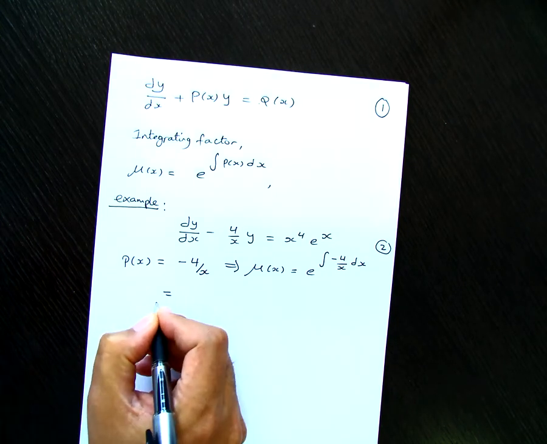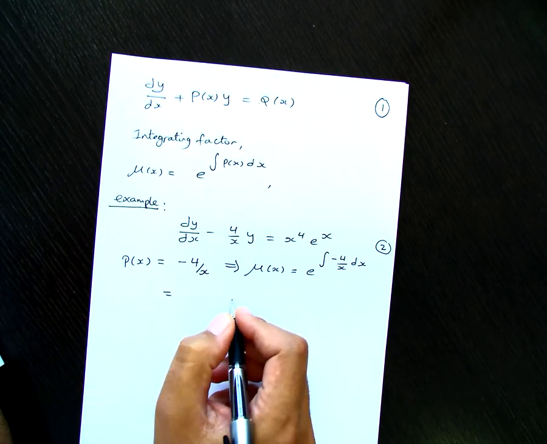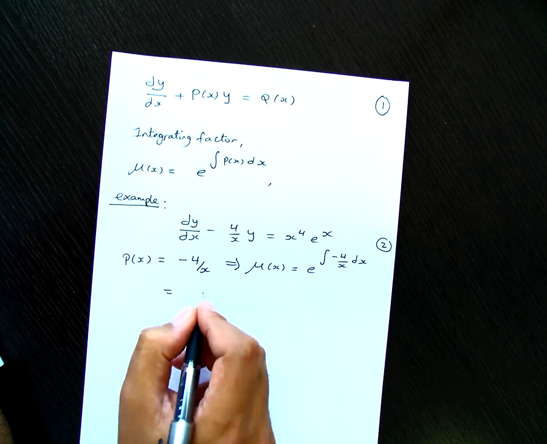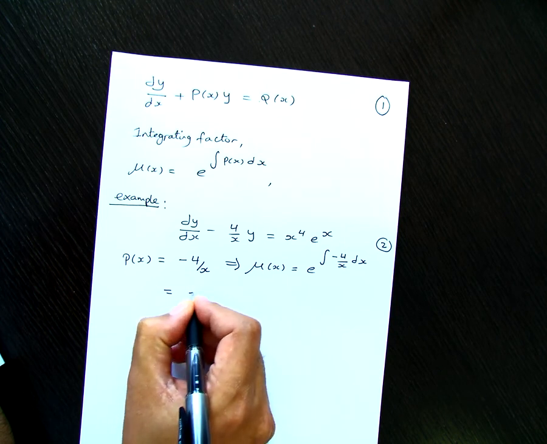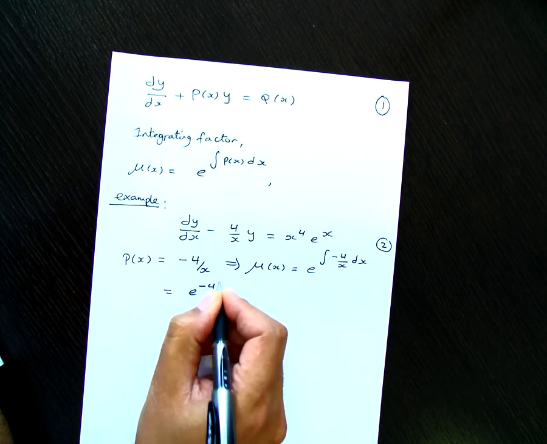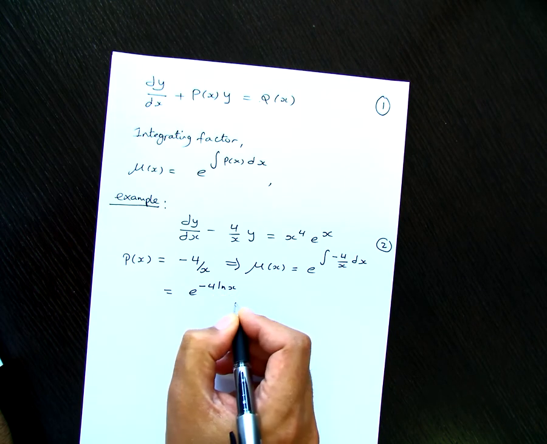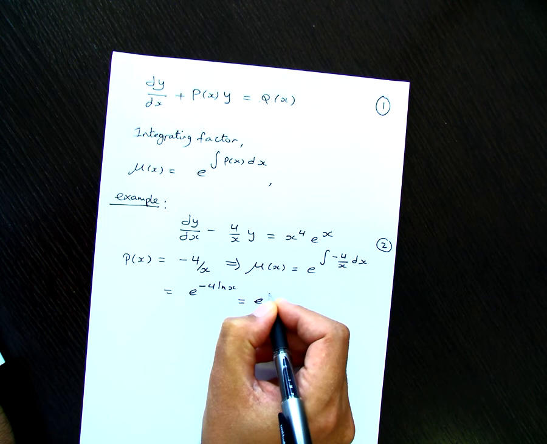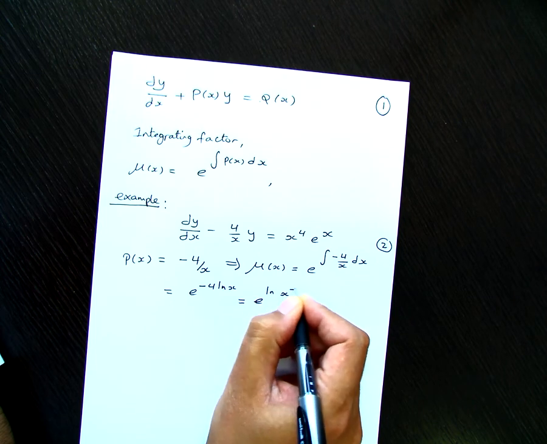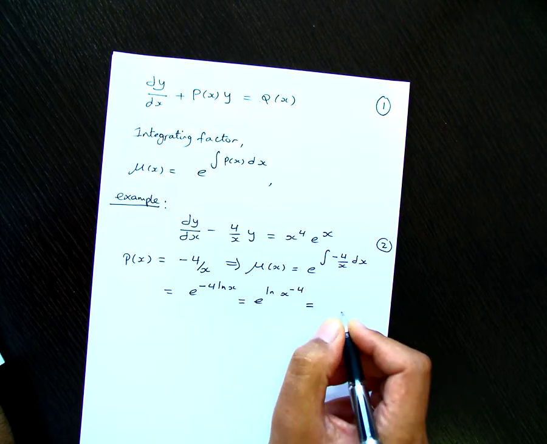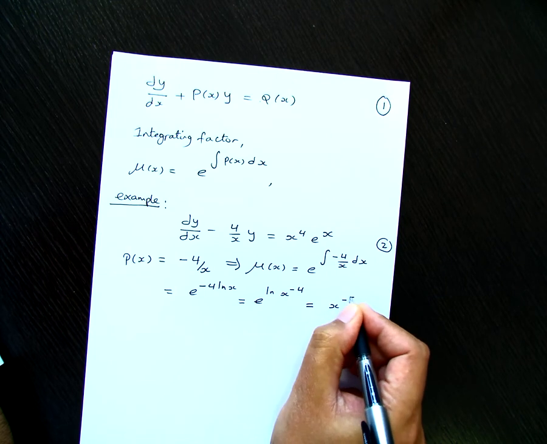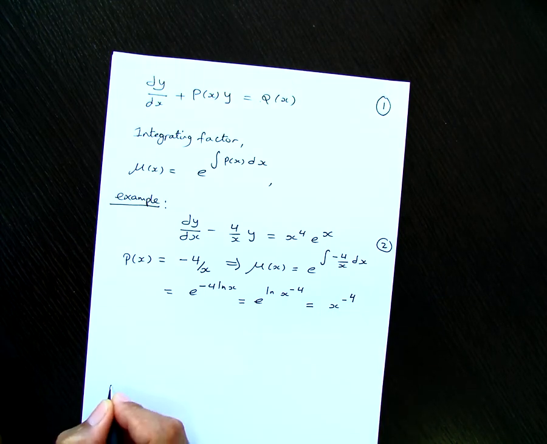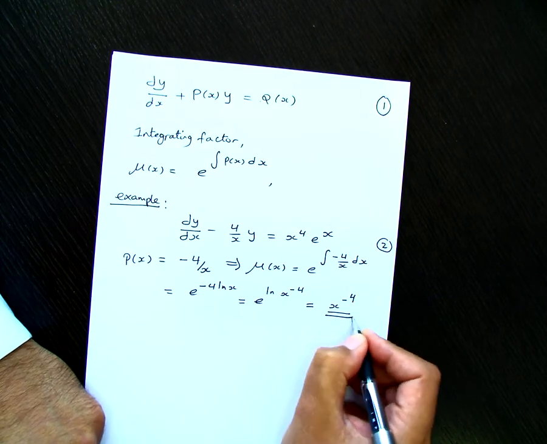I'm sure that most of you would be able to integrate that. So you will have e to the minus 4 ln x, which can be written as e to the ln of x to the power minus 4, and this is simply equal to x to the power minus 4. So that's our integrating factor.